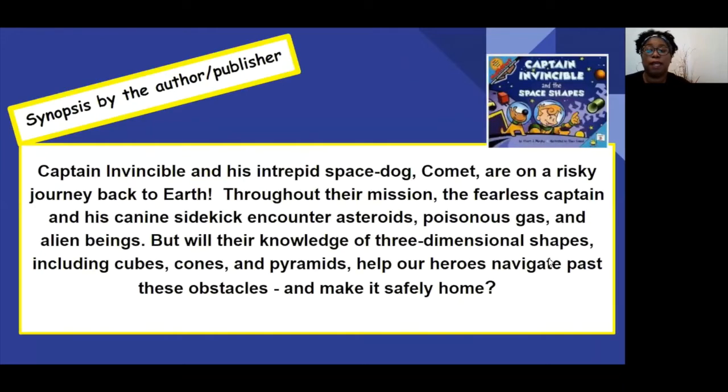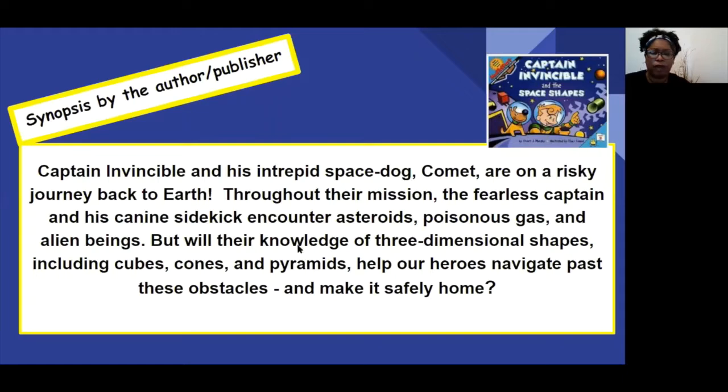Before the story begins, let's take a look at the synopsis or summary written by the author. Captain Invincible and his intrepid space dog Comet are on a risky journey back to Earth. Throughout their mission, the fearless captain and his canine sidekick encounter asteroids, poisonous gas, and alien beings.